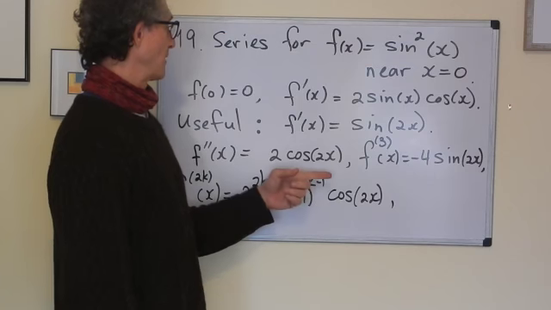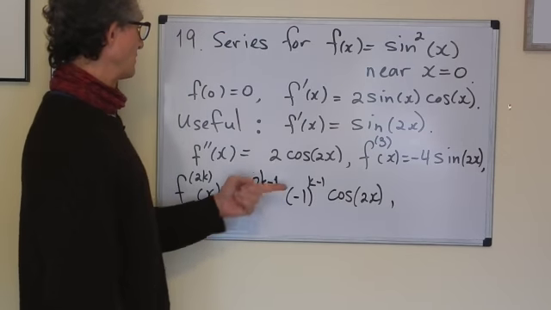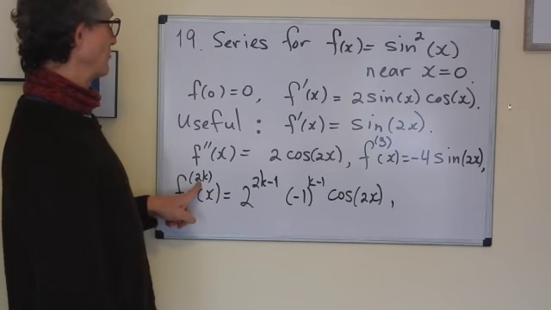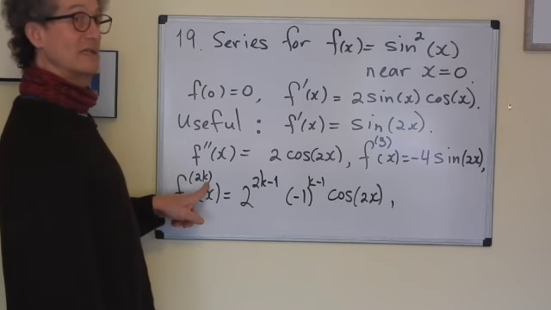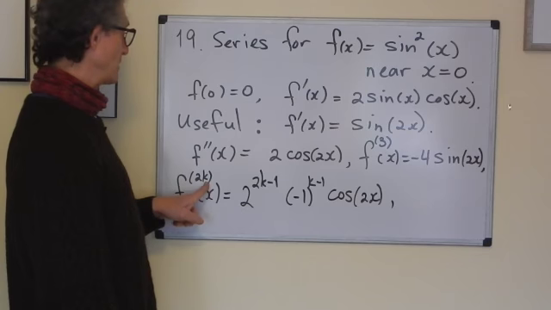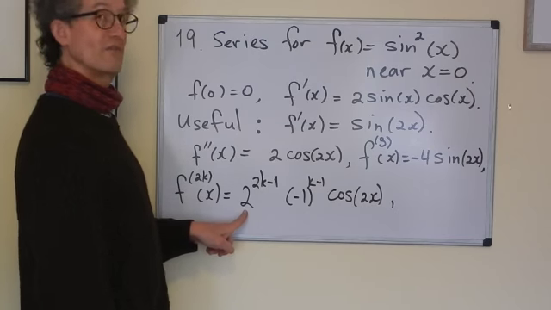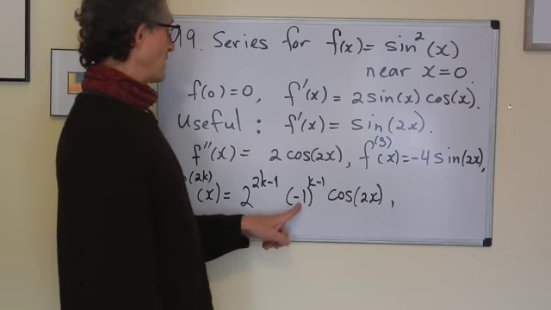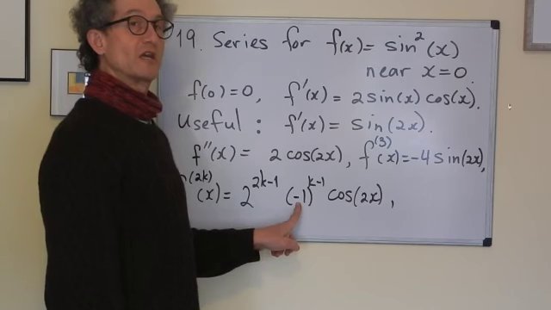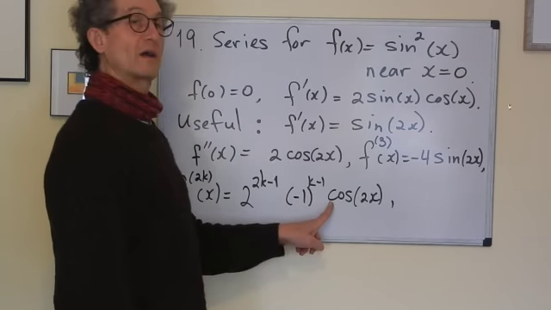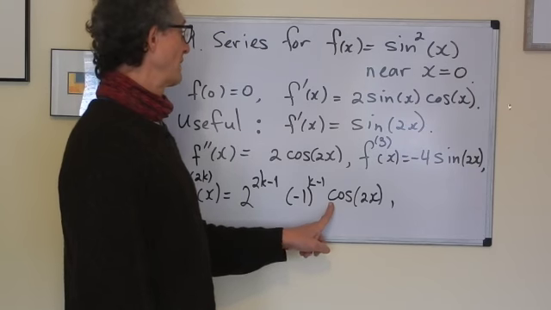And so when we differentiate 2k times, we differentiate twice k times. Every time we differentiate, we get a factor of 2. So if we differentiate 2 times, we get a factor of 4. Every 2 times we differentiate, we get a factor of minus 1. And we're back to cosine.